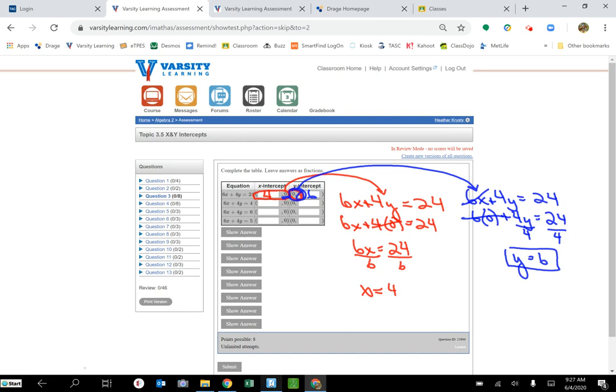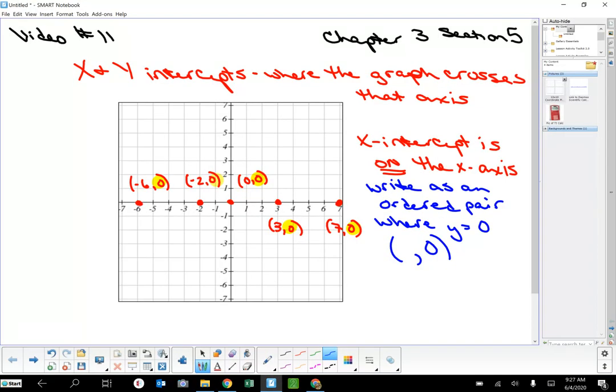Okay, so we're going to go back here. And just like for the x-intercept, it's on the x-axis, a y-intercept is going to be on the y-axis, right? So a point like this, a point like this. The origin is both on the x and the y-axis.